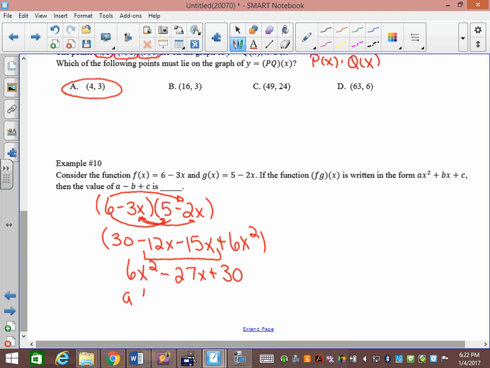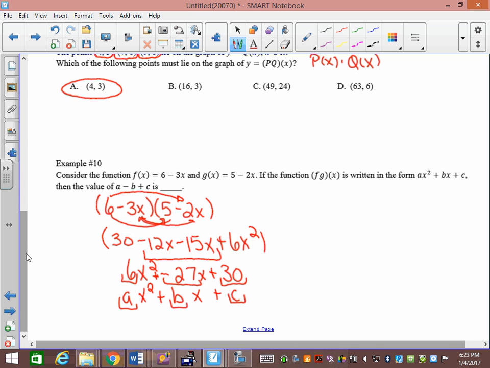So ax squared plus bx plus c. Okay, so I'd have to put a plus sign in between here, the 6x squared plus -27x. So the 6 is a, the -27 is b, and the c is 30. Now it would be just 27 if they had said ax squared minus bx plus c, then you would just take the 27, but because they have a plus, you take the minus sign.